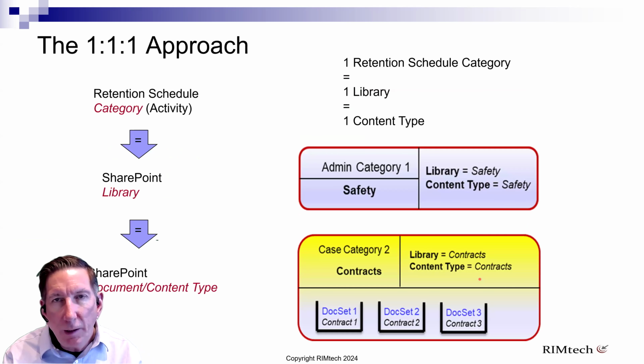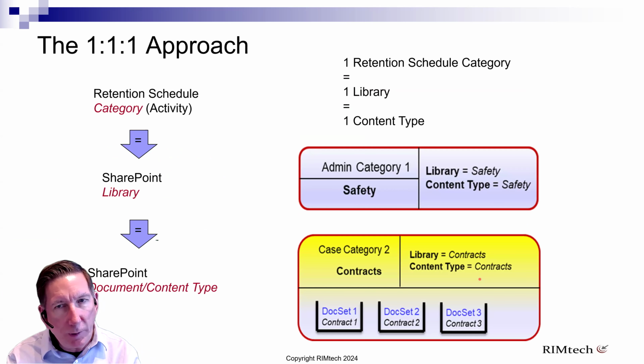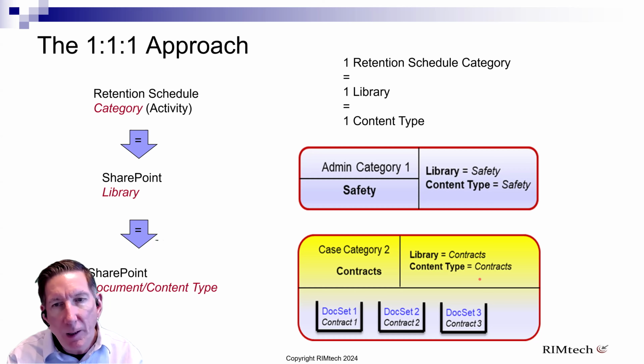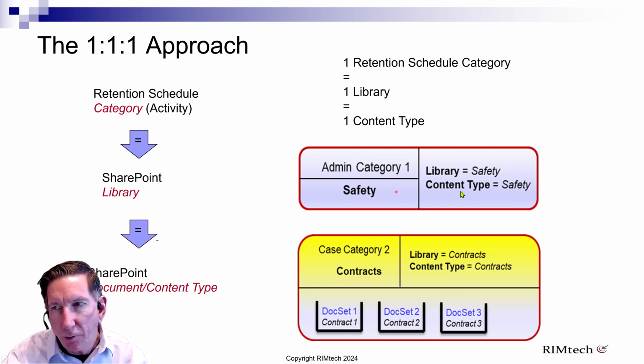In this approach, we're using a one-to-one-to-one model, which says that one category or business activity in the retention schedule equals one SharePoint library of the same name. And in that library is a content type of the same name. The content type contains the metadata unique to that library. So here we have safety, which is an admin category.